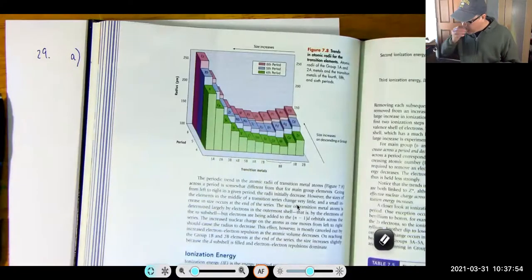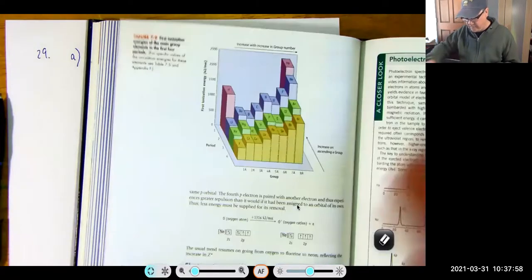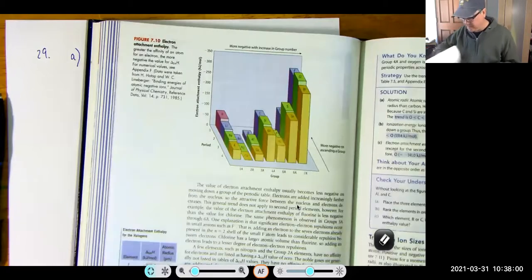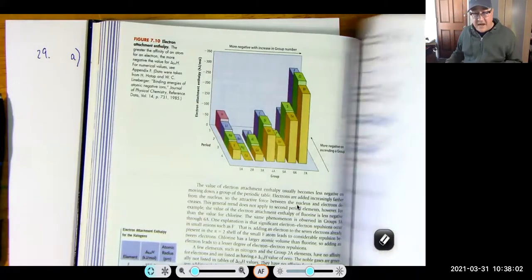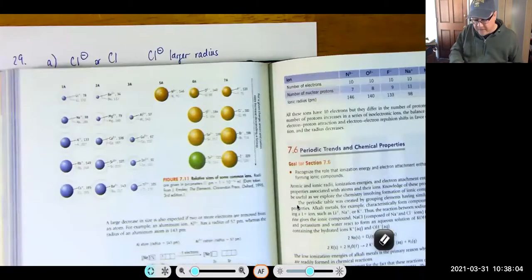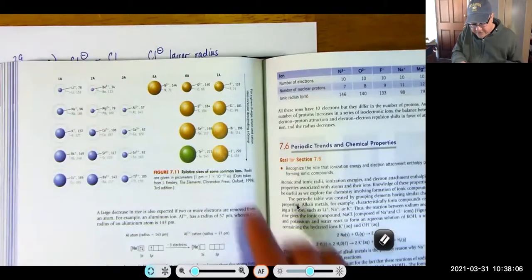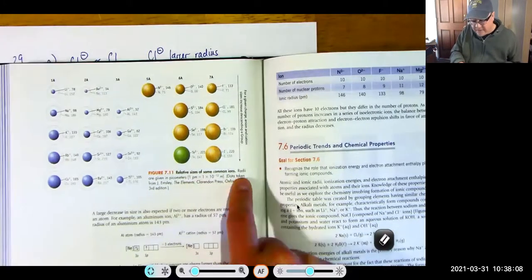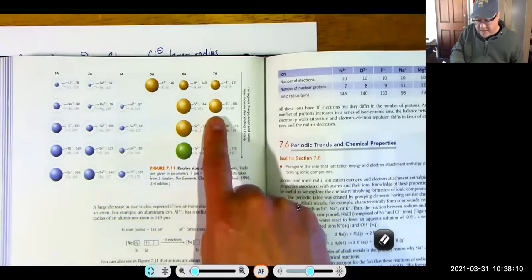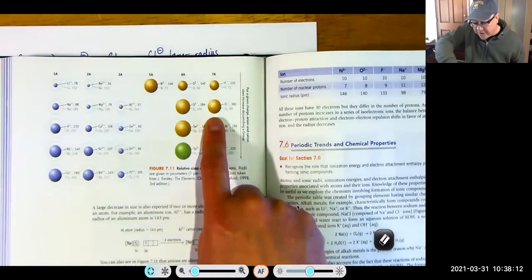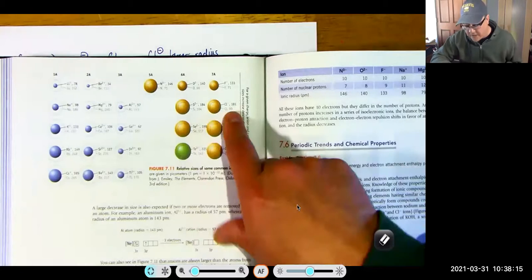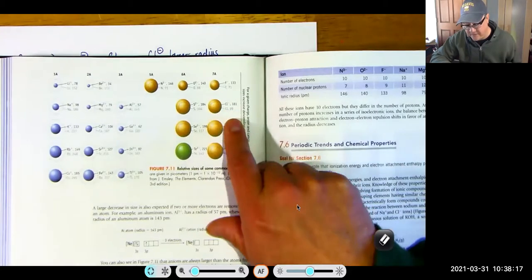Okay, now here are the ions. And again, if we read this, you see it says radii. Here's chloride, and the radius is 181. So it's twice as large as the chlorine atom.